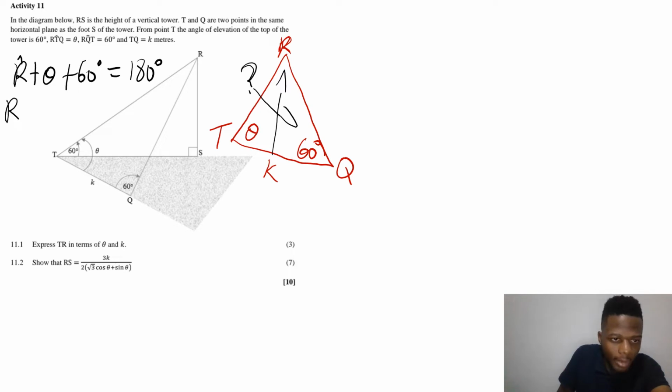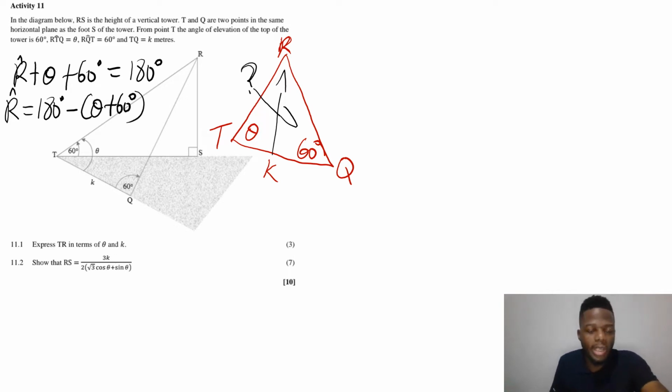This is going to give us 180 degrees, sum of angles in a triangle. Then angle R can give us 180 degrees minus theta plus 60 degrees, or we can simplify it and write 120 degrees minus theta, or we can leave it there. So let's now apply the sine rule.